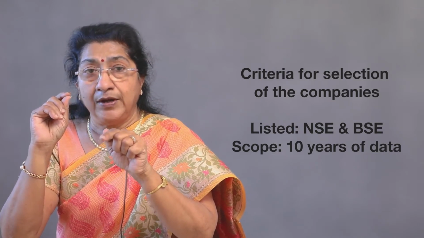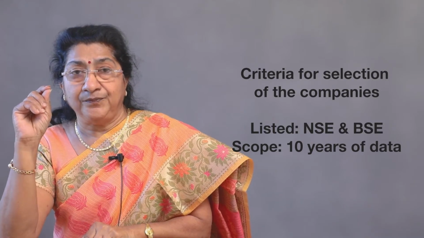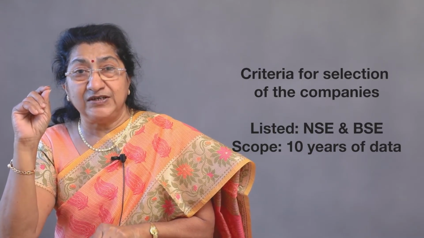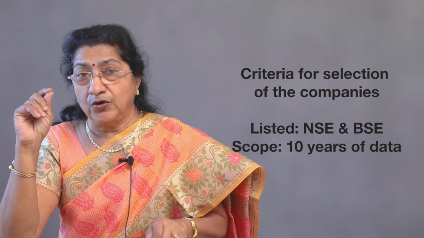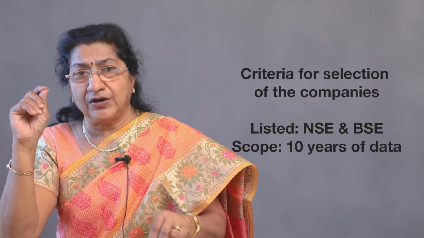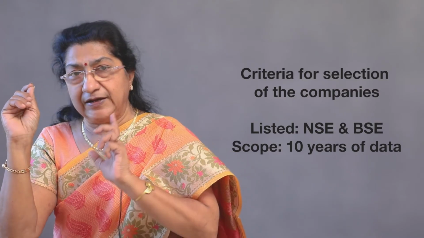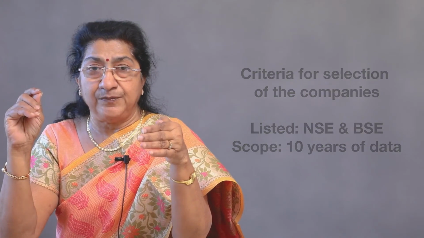No. Consider the recent financial year, and on that basis count 10 years. Suppose you want to submit in 2020, then 2010 to 2020, meaning the last 10 years you have to consider. So, this is your basic background.